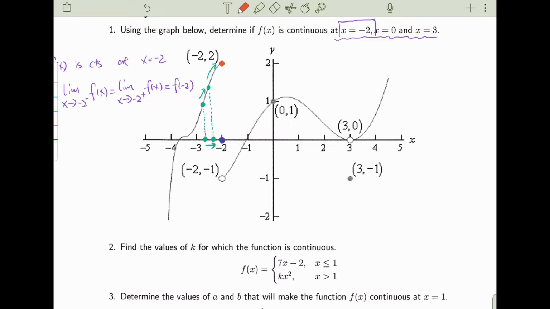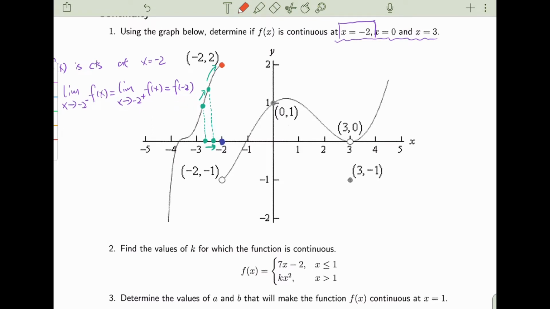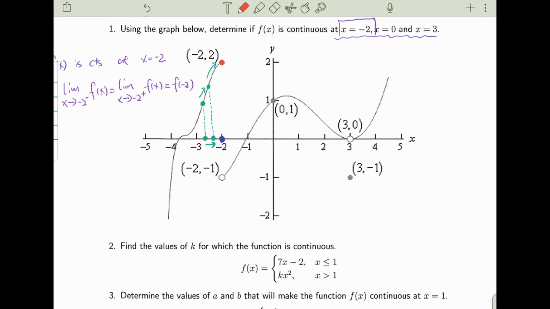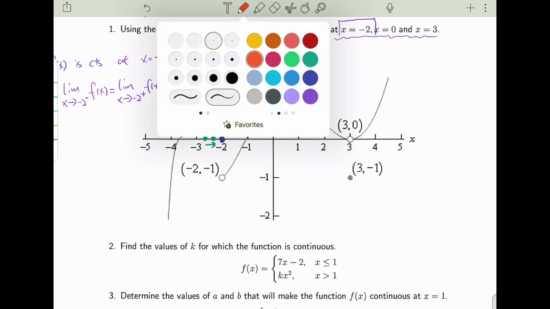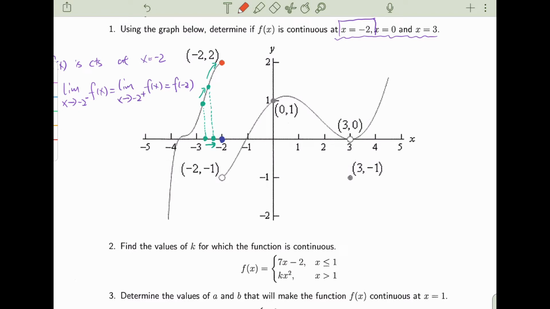But what we want to focus on is how the value of the function changes. So in this process, we are gonna take a look at the y value of the green point on the curve. That is the function value evaluated at the x points accordingly. And you can see that the y value of the green points on the curve is gonna approach the y value of the orange point.